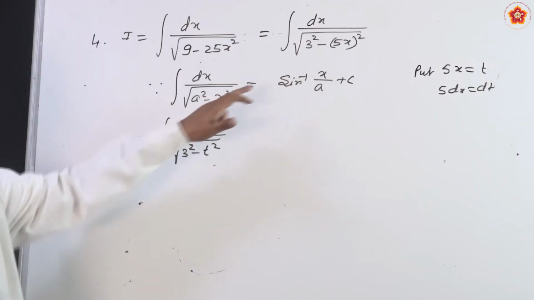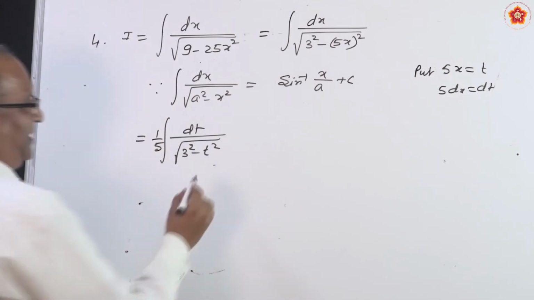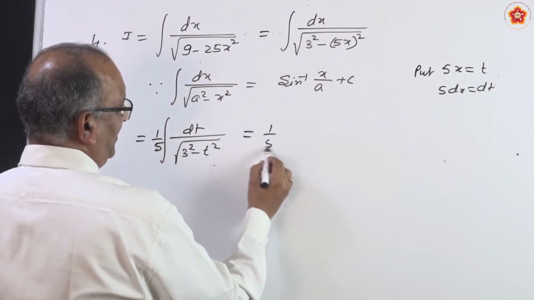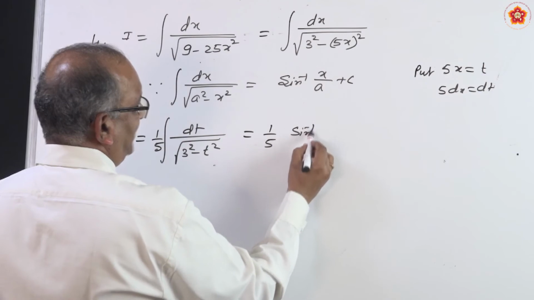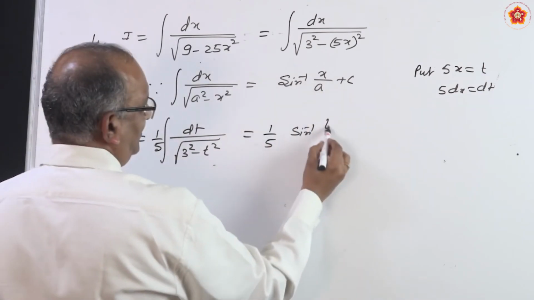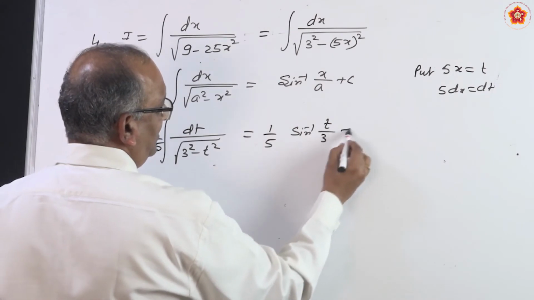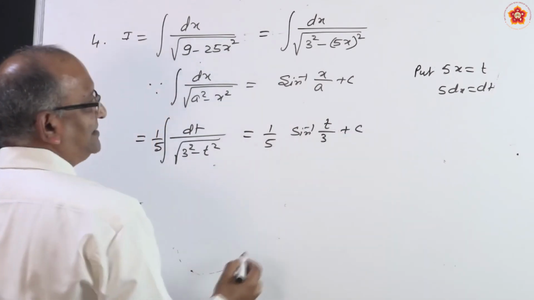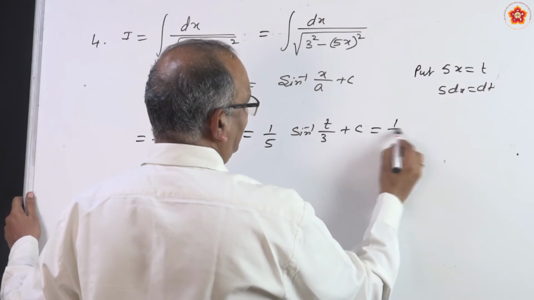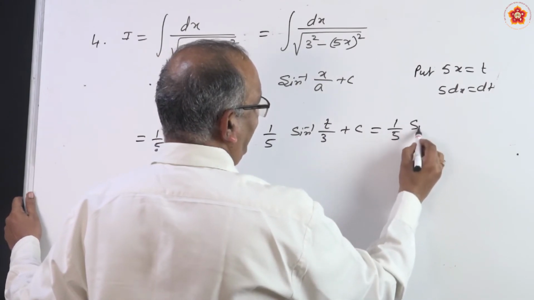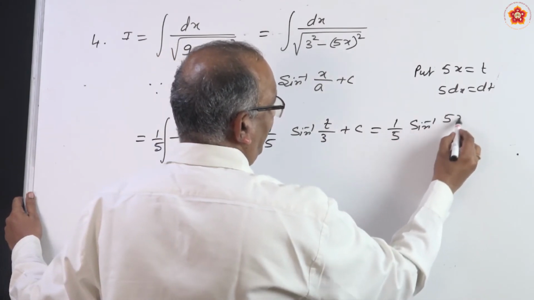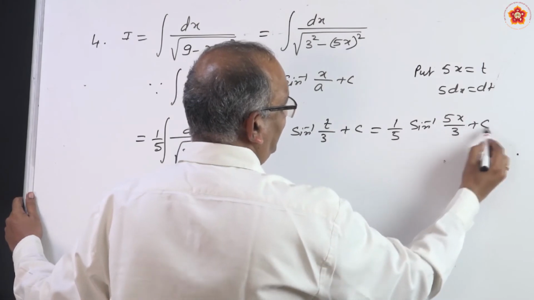A square minus x square is sine inverse x by a. So, this will be 1 by 5 sine inverse, in place of x we have t, in place of a we have 3, plus c. Substitute back what is t. So, the answer is 1 by 5 sine inverse 5x by 3 plus c. This is the answer.